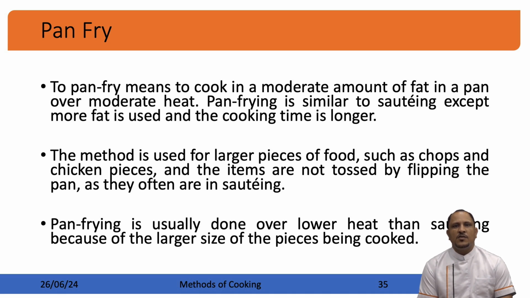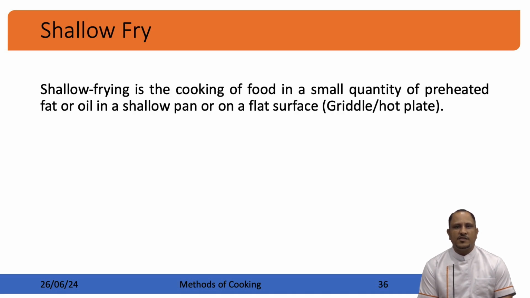Okay. Talking about shallow frying, as discussed along with pan fry, in shallow fry the oil's quantity in the pan should be reaching half of the food height in the pan, but it should not be reaching the full height of the food in the pan. So it's somewhere between half and full height of the food in the pan.